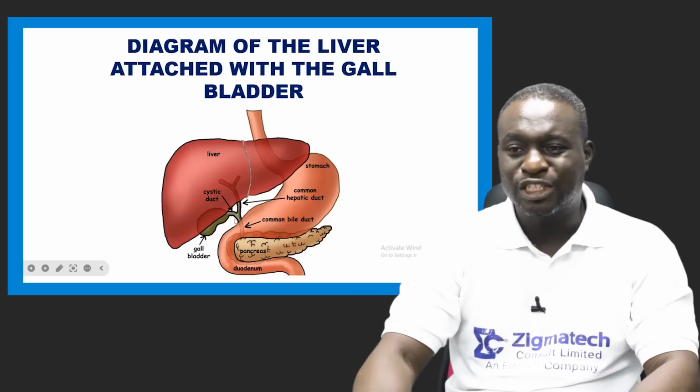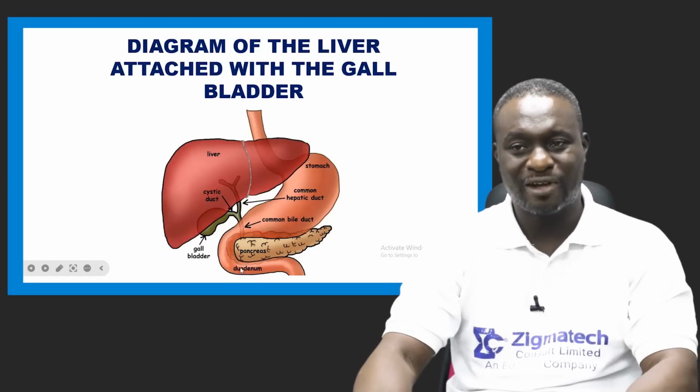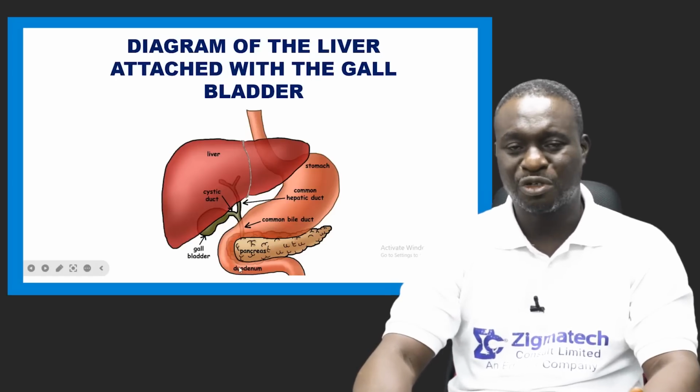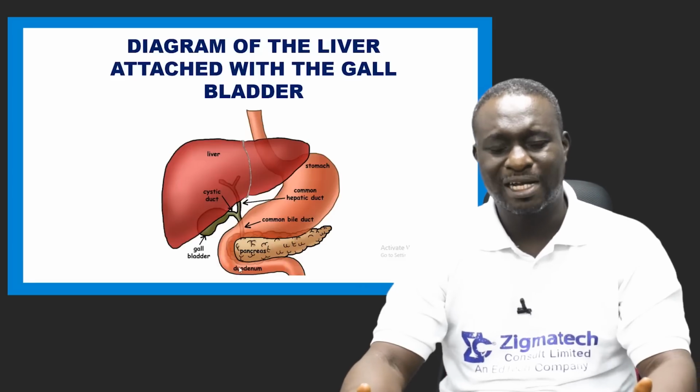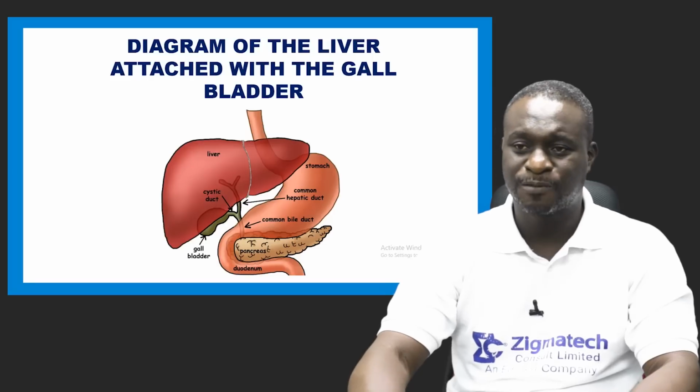You can see that it is connected to the duodenum, where it brings about the emulsification of fats. And I've said that emulsification simply means breaking down of fats into tiny droplets. So it brings about emulsification of fats.